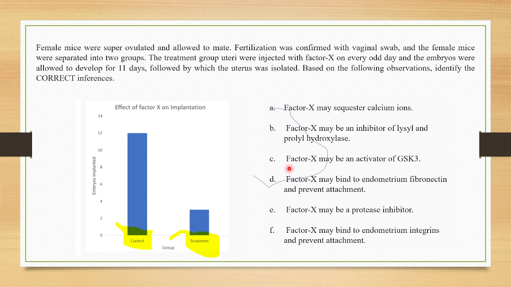So calcium is crucial for adhesion and signaling. If factor X sequesters it, implantation could be hindered. So your first option is correct.